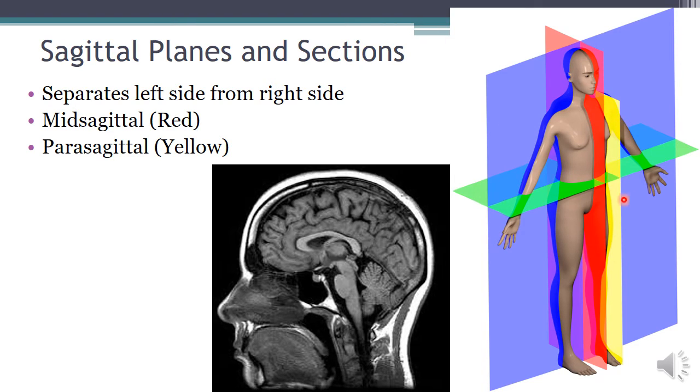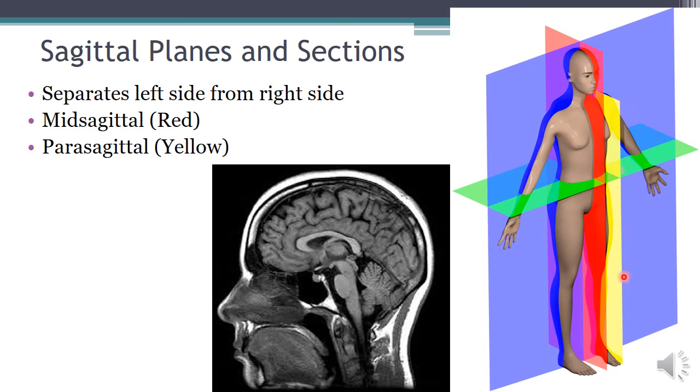You can see the red one here, and a yellow one here. Notice that the red one passes right through the middle of the body, right down the center. This is what we call a mid-sagittal plane. Okay? A mid-sagittal plane. Right down the center of the body.